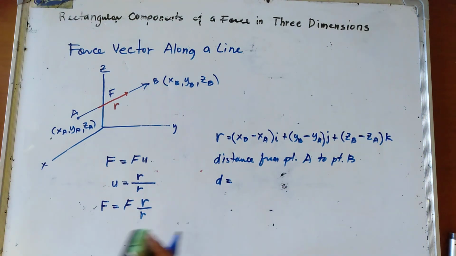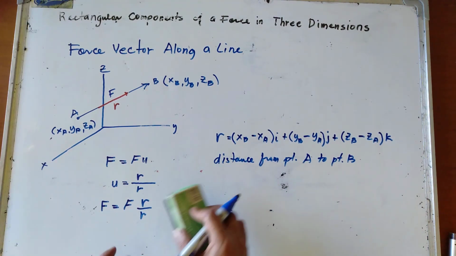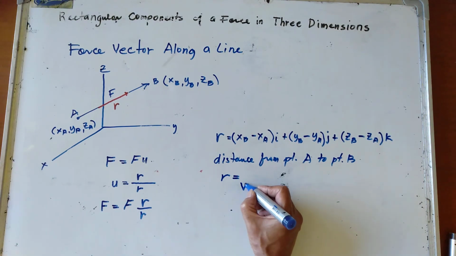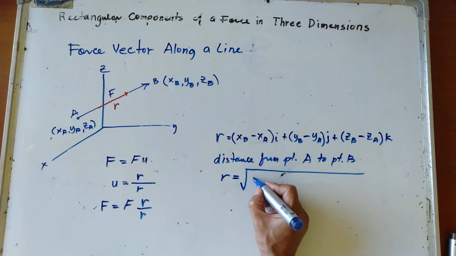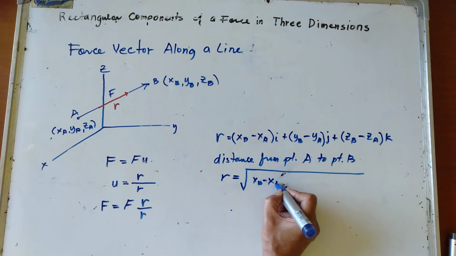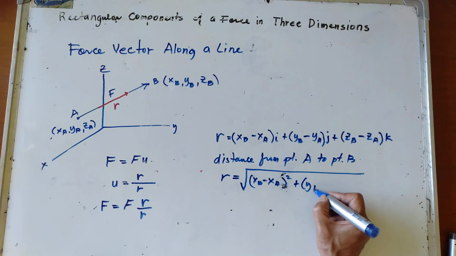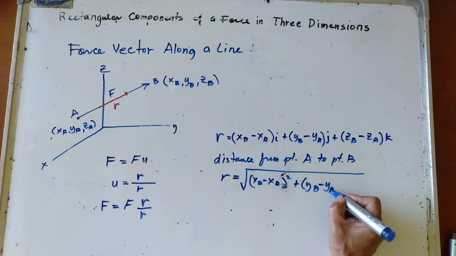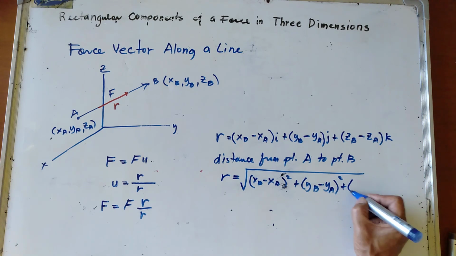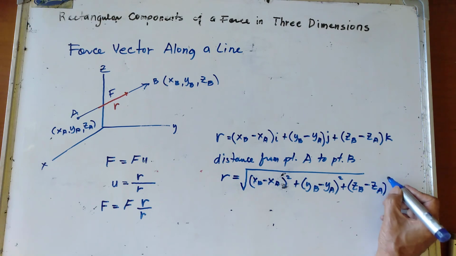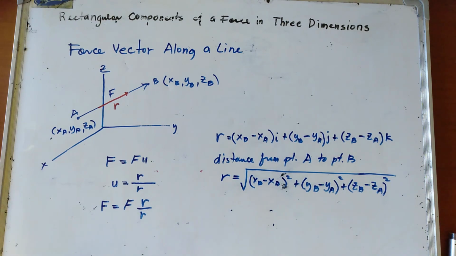So the magnitude of r is the square root of (x sub B minus x sub A) squared plus (y sub B minus y sub A) squared plus (z sub B minus z sub A) squared.